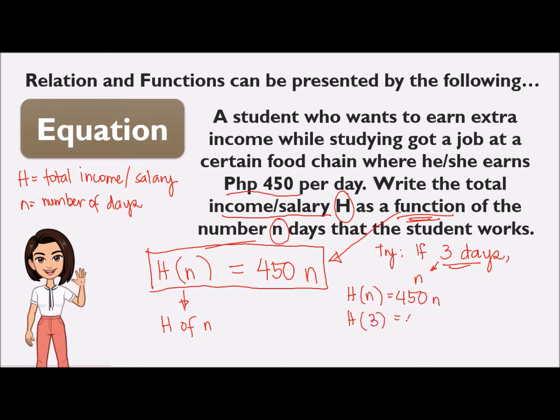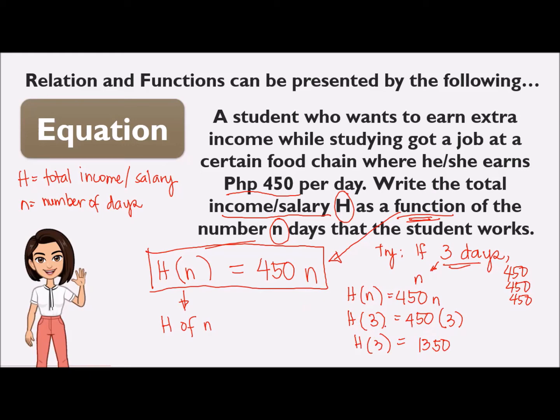H of 3 is equal to 450 times 3. 3 araw eh. Ibig sabihin, 3 450 meron siya. Okay? So, anong sagot dyan? So, ang sagot po dyan ay 1,350 pesos. So, ganun ginagamit ang function.